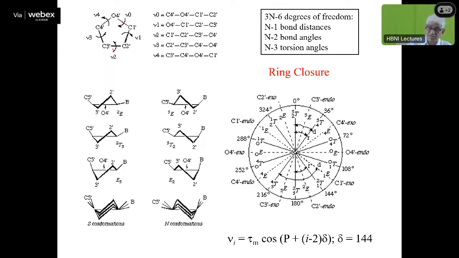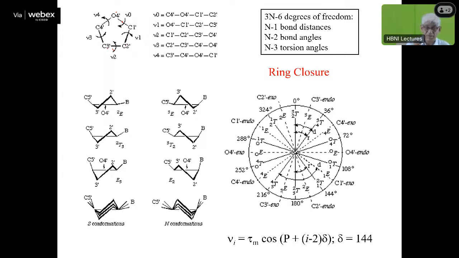Therefore, it takes away one of the degrees of freedom with respect to the torsion angles, because you have to have the O4 prime completing the ring. So this is an important consideration. The ring closure puts in another constraint. Therefore, effectively, you have only one torsion angle which is free, 1 degree of freedom with respect to the torsion, and that is called the pseudo rotation angle.